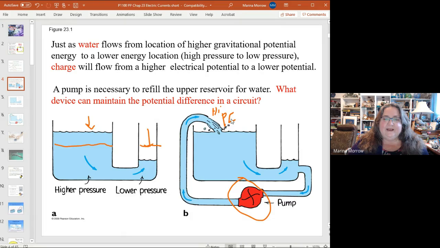And for a circuit, the same sort of thing happens. You need to maintain a potential difference, but instead of gravitational potential, electrical potential. So what device can maintain a potential difference in a circuit? That's where batteries come in, right? Batteries or power supplies.